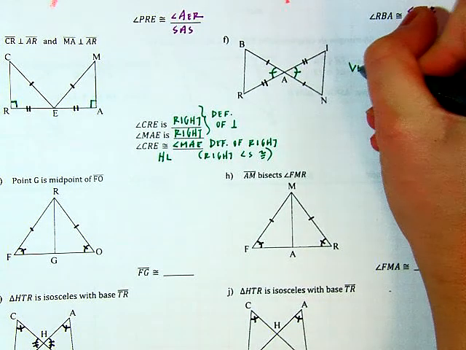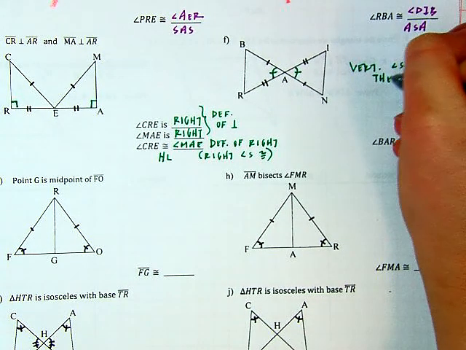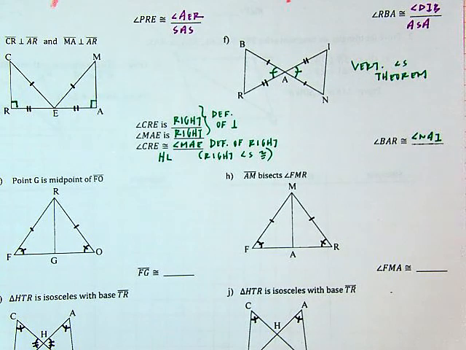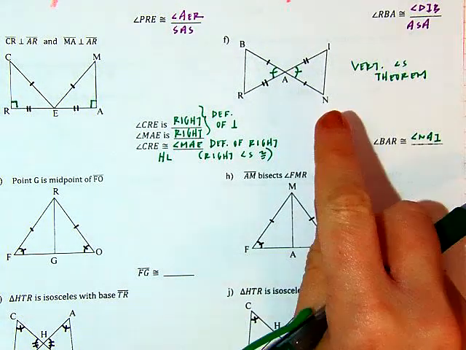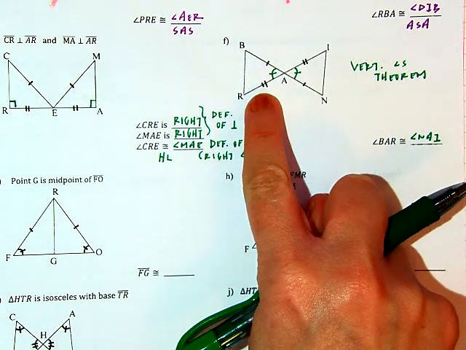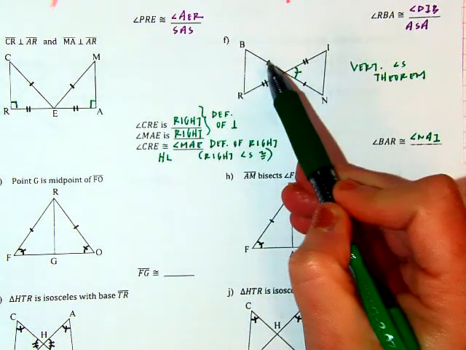My reason would have been the vertical angles theorem. Okay, I need to give my reason, lastly. So I know that I'm connecting those angles because they're vertical angles. And then do I have enough information to say that the triangles are congruent? I would, because I have side, angle, side.